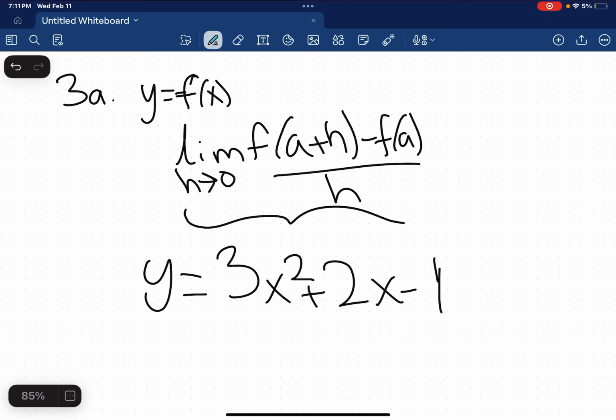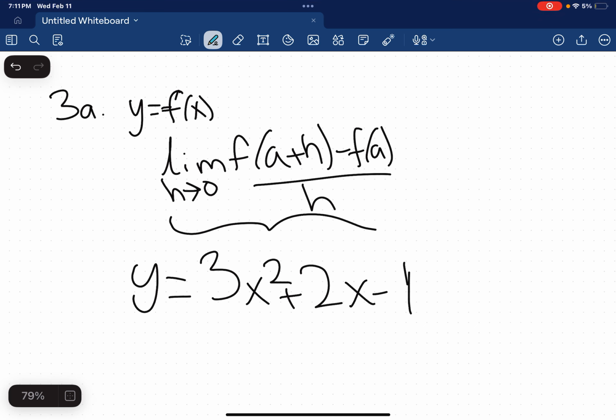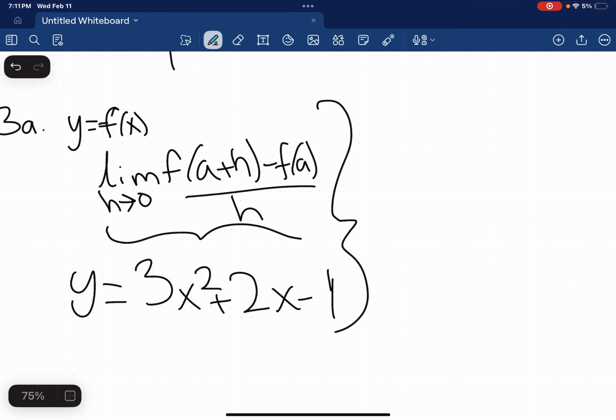Okay, usually we would just do the power rule here, but since they don't want us to do that, can we use the power rule here? Oh, I guess they don't want us to. Yeah, okay, typically I would just use the power rule here.